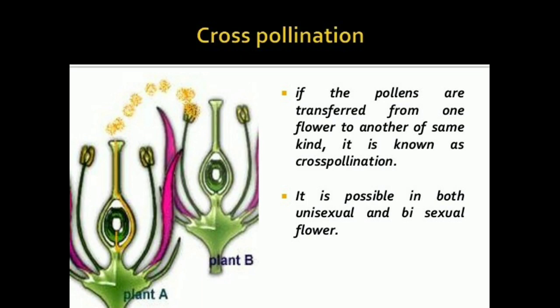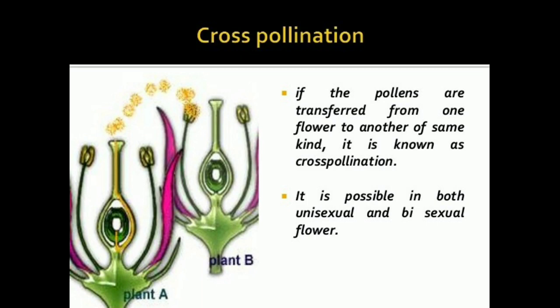And the transfer of pollens from one flower to another flower in the same plant is also cross-pollination. So this cross-pollination can occur in the case of unisexual flowers and bisexual flowers.